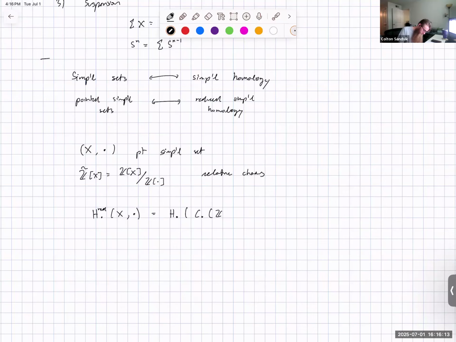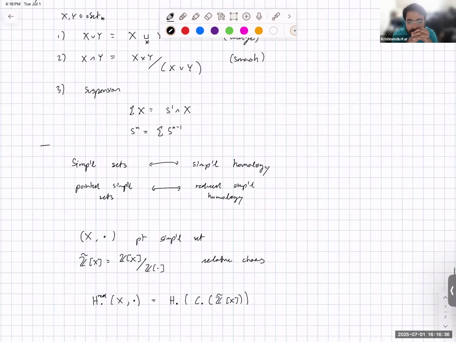It doesn't really matter if we do something like this. Anyway, there's lots of relationships here, but this is just some slight variation of what we've seen, and is useful if you care about things like reduced homology, I guess.